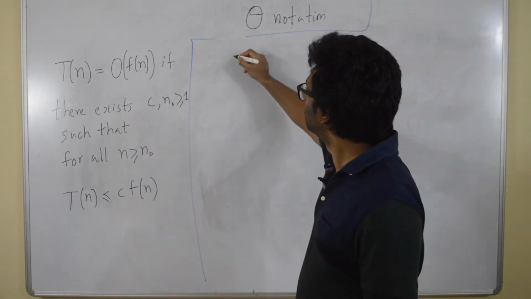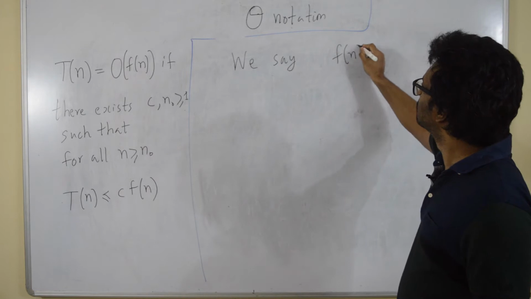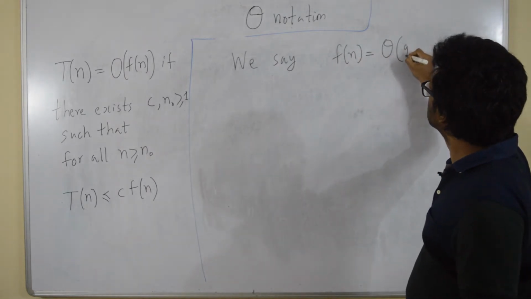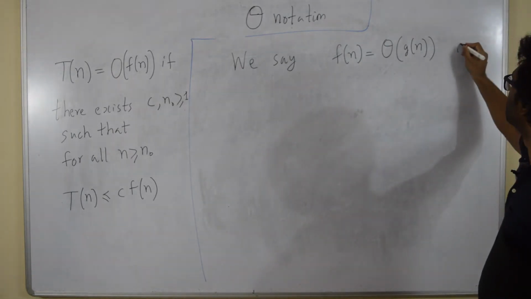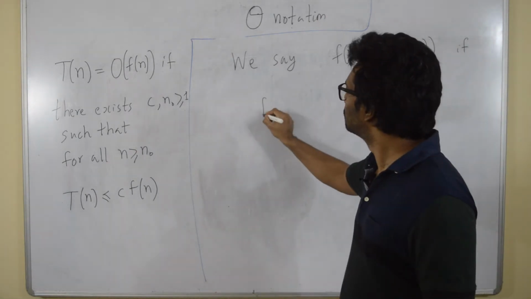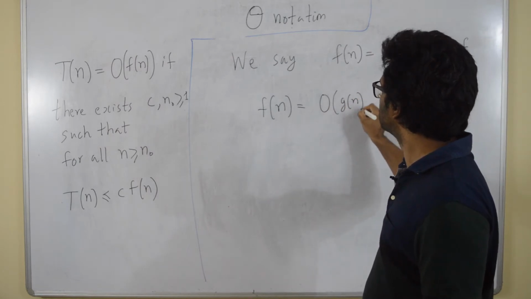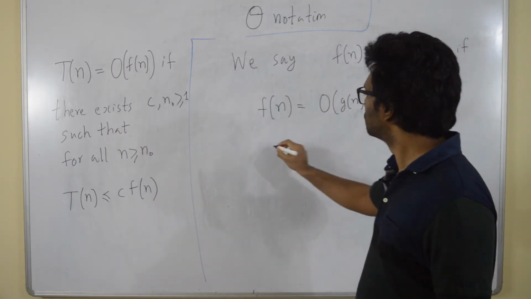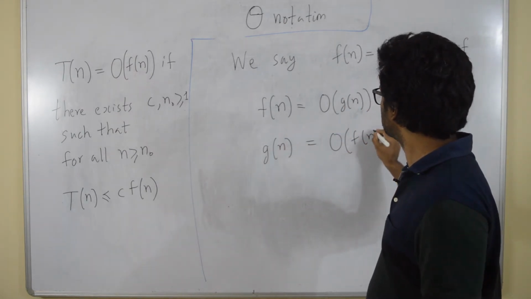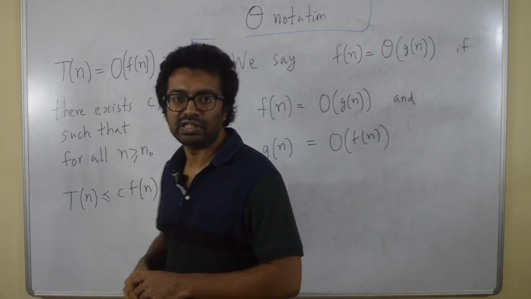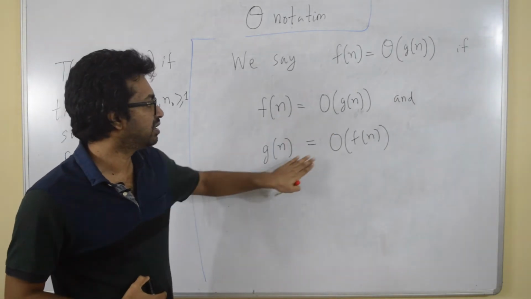We say that f of n is equal to theta of g of n if f of n is equal to big O of g of n and g of n is equal to big O of f of n.